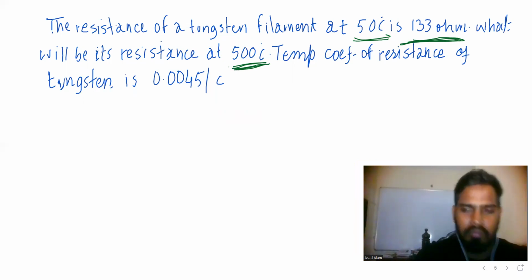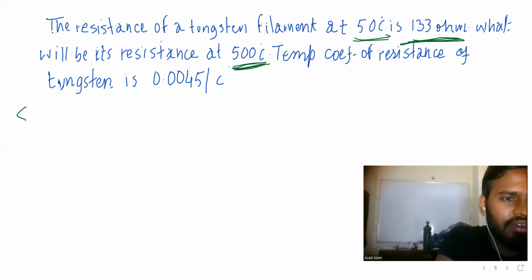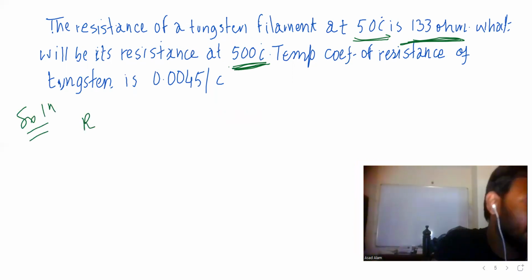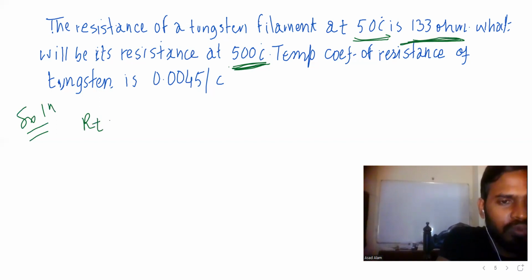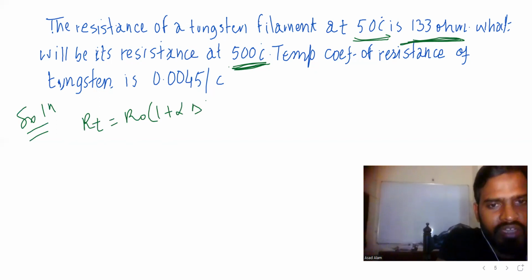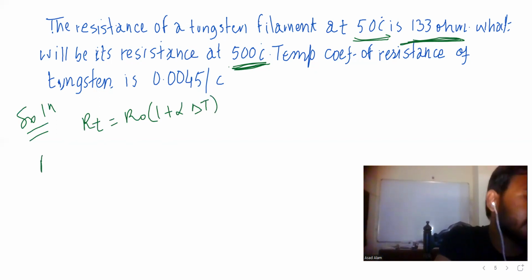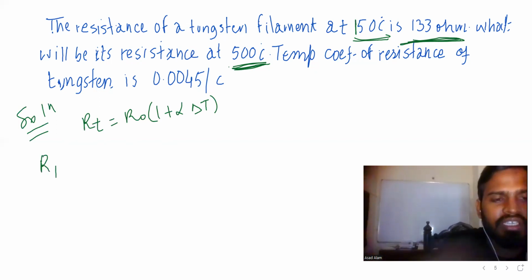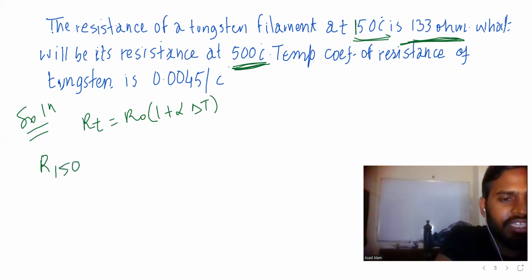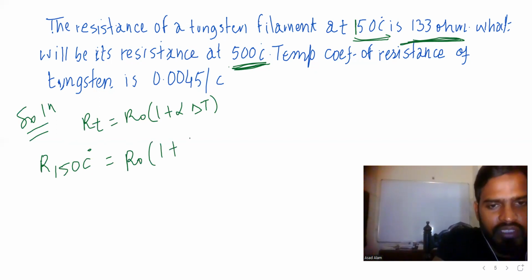We know the simple equation is RT is equal to R naught into 1 plus alpha delta T. So R at 150 degrees Celsius is equal to R naught into 1 plus alpha.